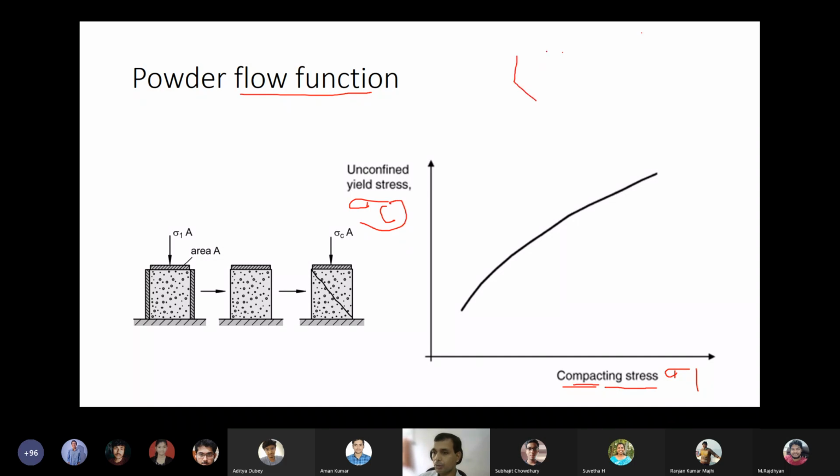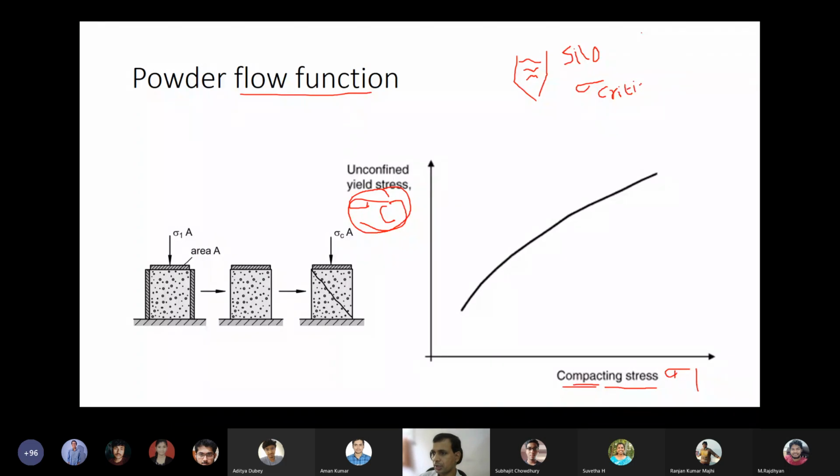Now we have a silo where we have stored this powder. For this silo, we wanted to find out the critical sigma c. Instead of sigma c critical, they just write sigma critical.